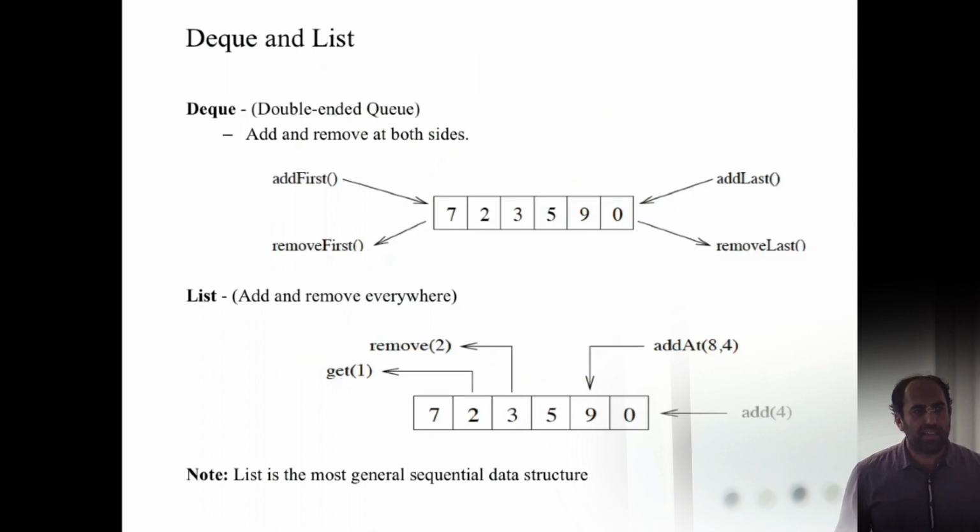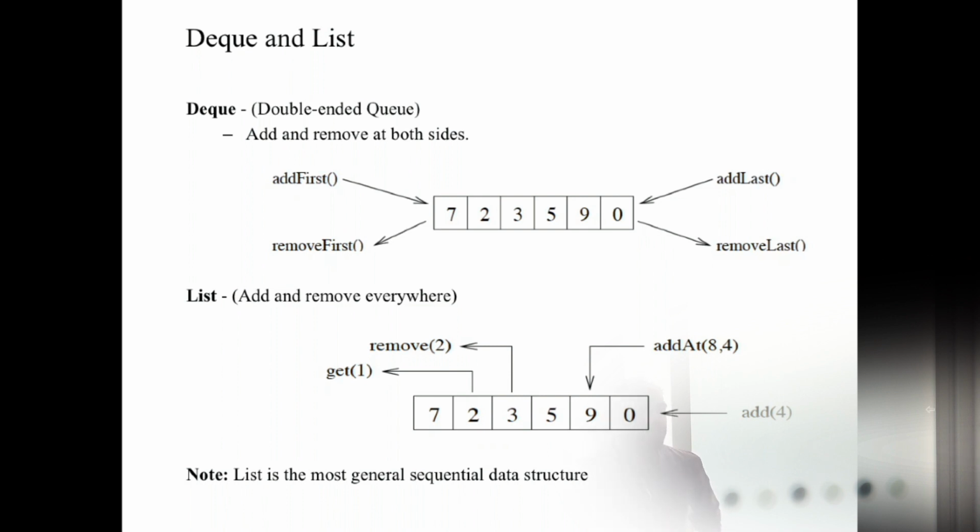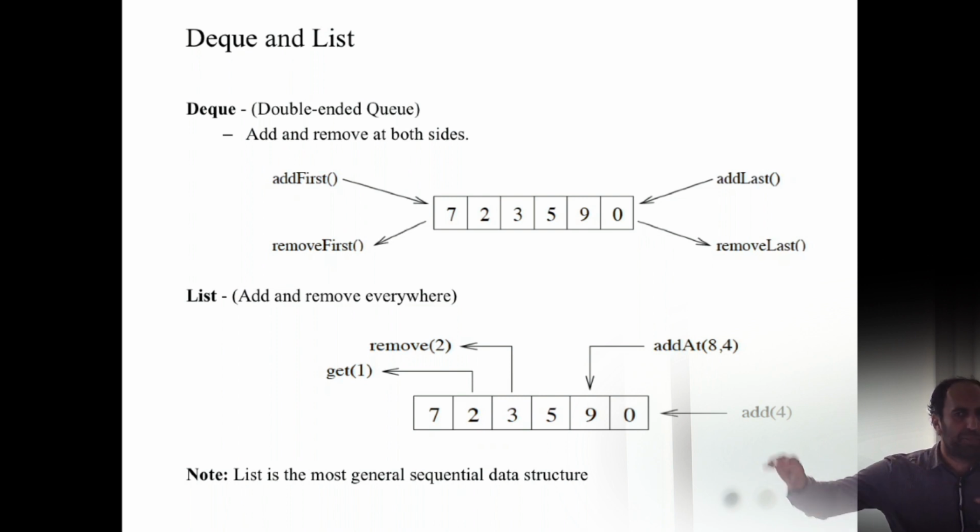Both of these are sequential because the elements are stored in a sequence. And then we have a deque and list. The deque, as I told you earlier, is a double-ended queue where you can add and remove at both ends. And then we have a list. The difference between the list and the queue and stack is that in the queue and stack we can only access or add elements at specific ends, either at the front or at the bottom.